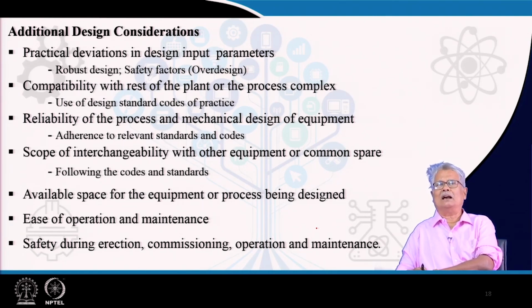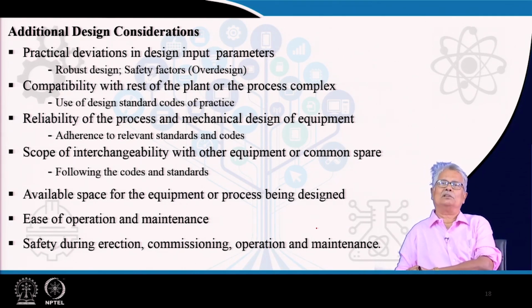When we are talking about additional design considerations, one of the major things is the compatibility with the rest of the plant. That means, if part of the plant has been designed as per the ASME code, it is desirable that whatever new design I make should also conform to that in order to make it compatible. The reliability of the process and mechanical designing of equipment is greatly improved if we refer to the relevant standards and codes.